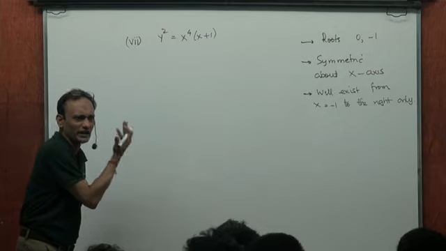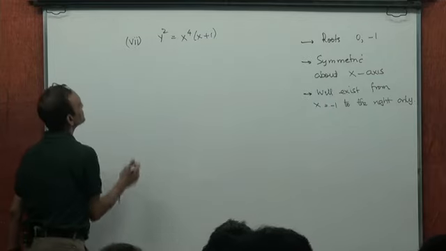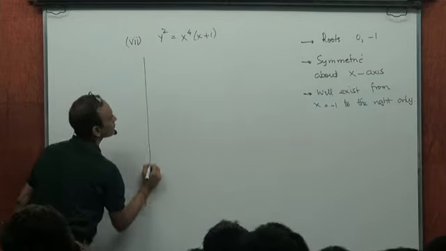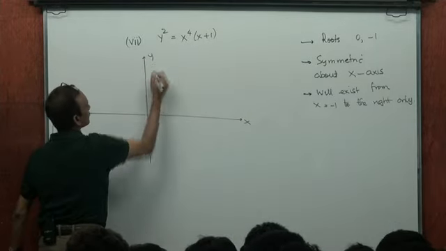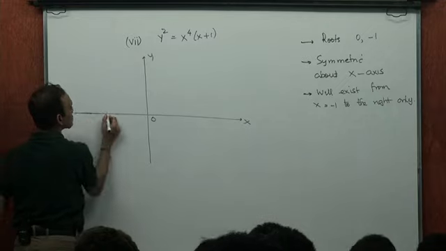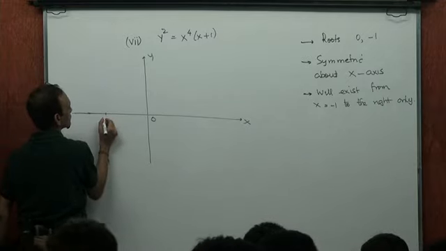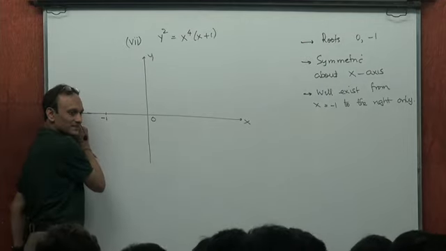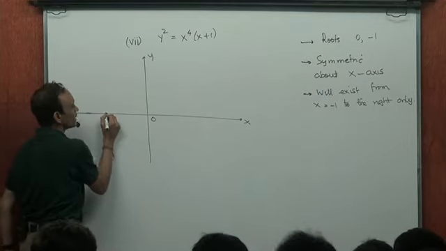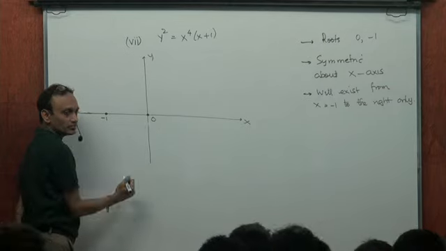These are some very simple, readily available conclusions. No part of the graph will exist to the left of minus 1. There is a root at minus 1, there is a root at 0.